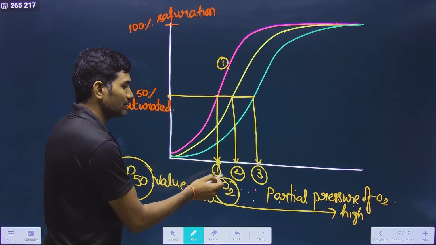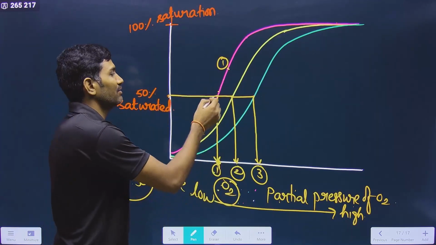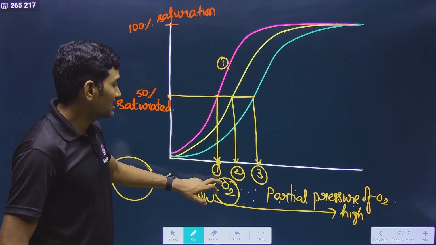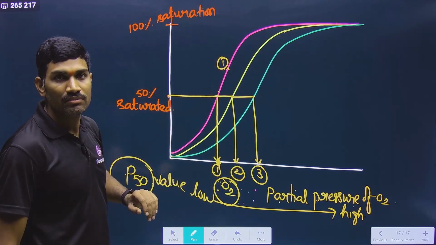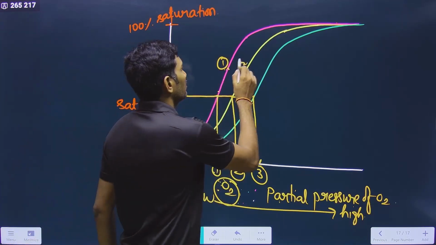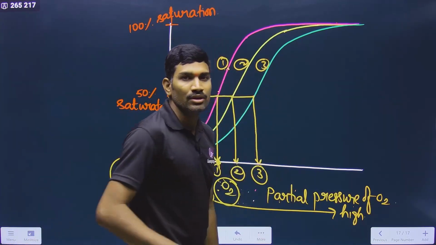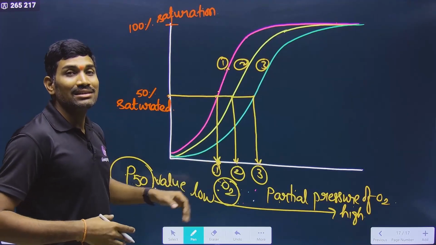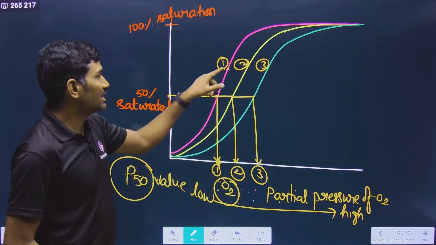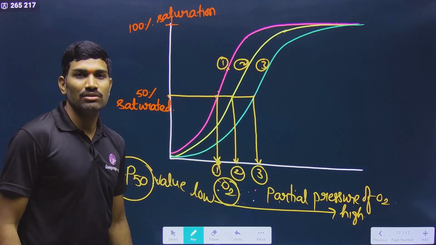At less partial pressure, at less value of oxygen itself, 50% saturated means oxygen has more binding affinity to bind with this molecule when compared with the second one and the third one. So if P50 value is less, oxygen has more binding affinity for this particular molecule.